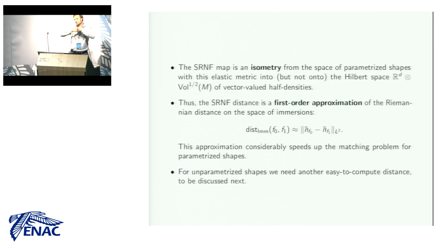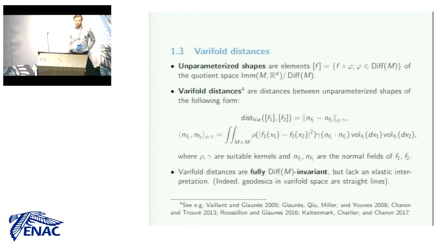Now if I want to pass to the space of unparameterized shapes, and I'm going to say in a moment what that is, then I need a third auxiliary tool, namely a third kind of distance on the set of unparameterized shapes. And so this will be the third ingredient of my background and notation part. These are varifold distances.